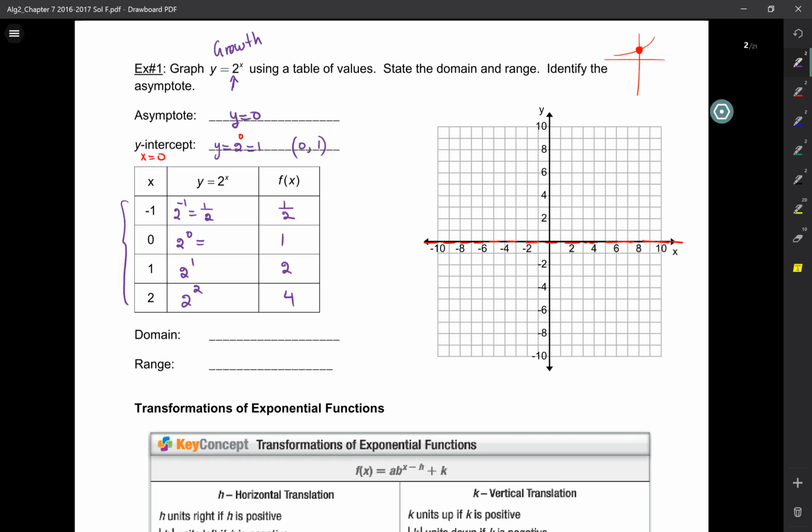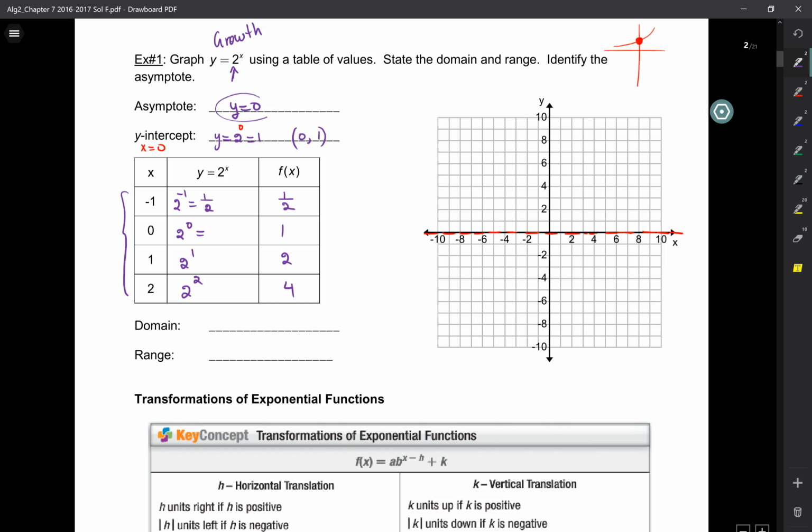And the asymptote is a line that the graph will come close to but never touch. We got that the asymptote is y equals 0. Y equals 0 is here. It's really the x-axis. This is where y equals 0. So when x equals -1, y is a half. When x equals 0, y equals 1. 1 and 2, 2 and 4.